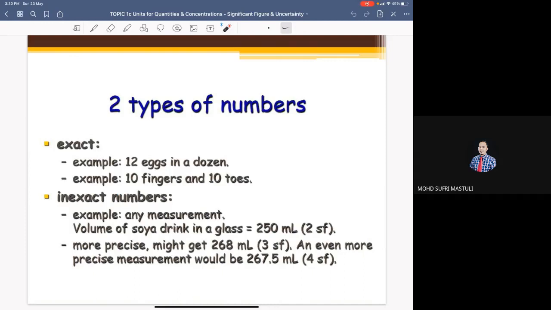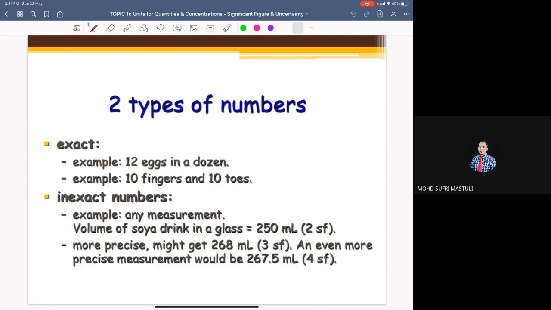So it depends on the significant figures. In this number, 250 ml, the number of significant figures, SF, is 2 significant figures. This one is 1 significant, 2 significant, and 0 is not a significant figure. This is why 250 ml has 2 significant figures.